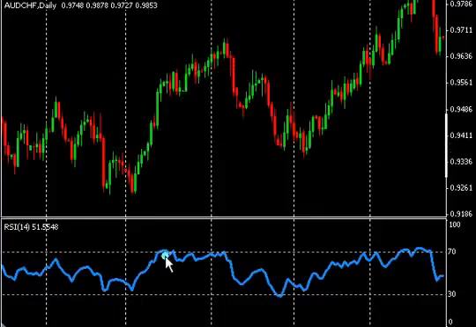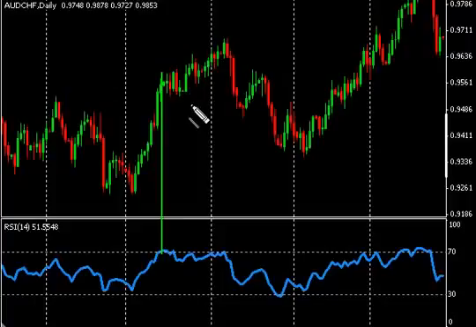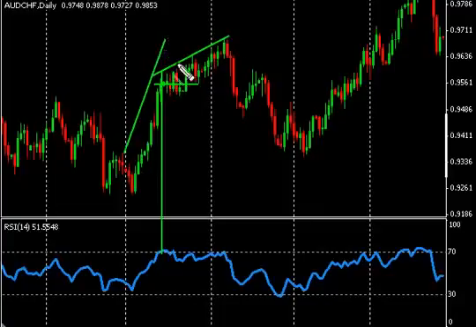You can see that price tends to be overbought when we get up to this range, and at that moment the momentum has decreased. But currency pairs can be overbought for an extended period of time, just like in this case right here.